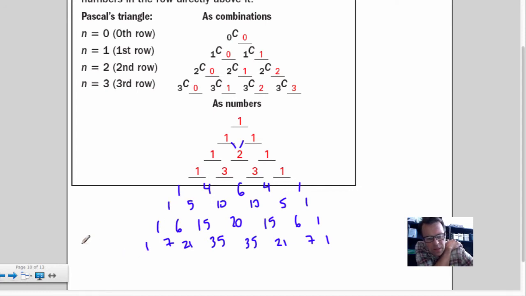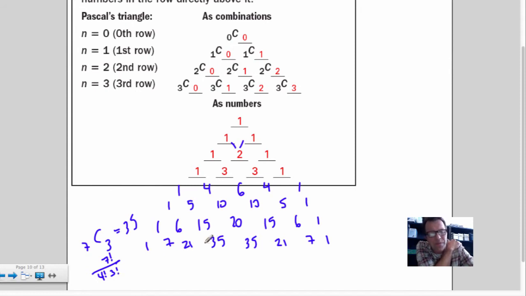So if I said to you, hey, 7C3, I would say, okay, this is 7C0, 7C1, 7C2, 7C3. Oh, that's equal to 35. And again, you should sit back and say, well, the calculator could do it. I could have done it in the formula, 7 factorial over 4 factorial times 3 factorial.